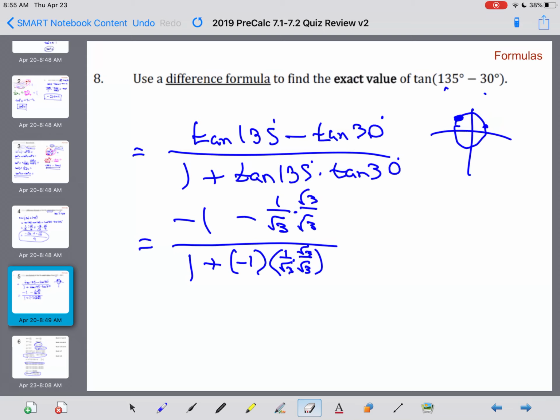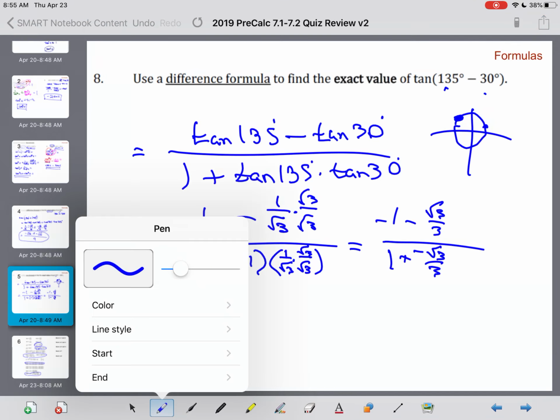I'm going to work horizontally here. And so I'm going to get in the top -1 minus root 3 over 3. In the bottom, we're going to have 1 plus, oh, I guess that'll be a negative root 3 over 3 as well.